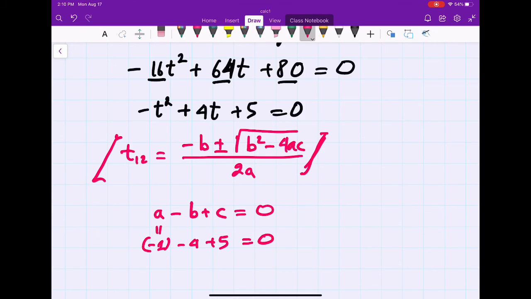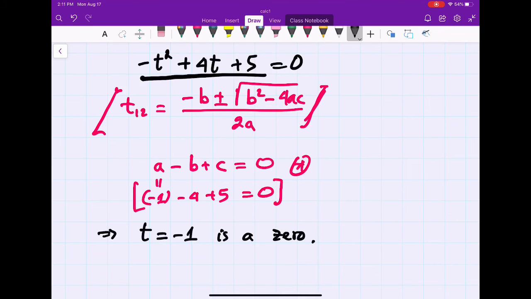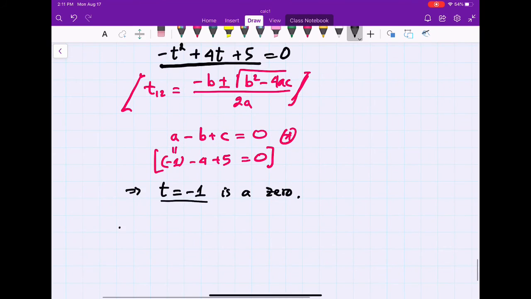The coefficients satisfy this condition. In that situation, t equal to negative 1 is a root. I hope you know this. So I may factor this function by t plus 1. Does that make sense? So I can write negative t squared plus 4t plus 5 equal to t plus 1 times something.